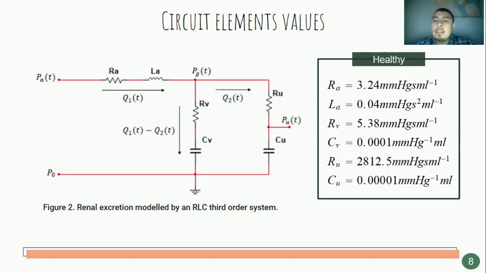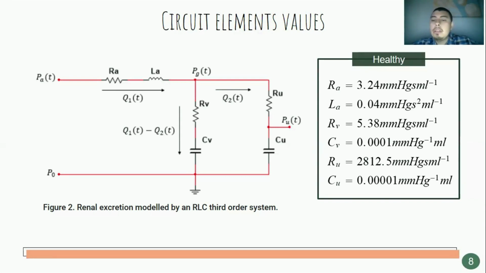The vein resistance has to be around 5.38 millimeters of mercury second per milliliter. The capacitance, or the blood storage in the vein, must be 0.0001.